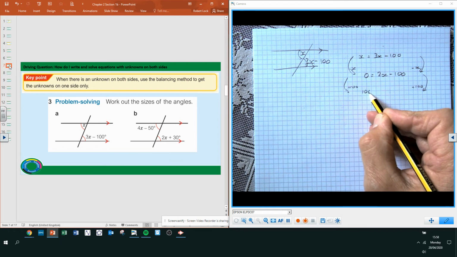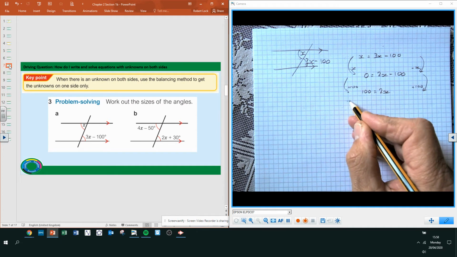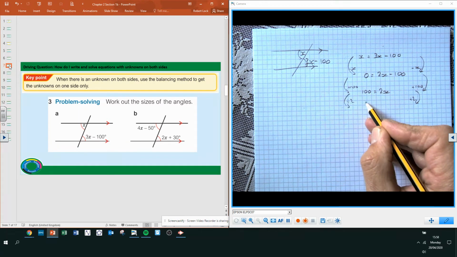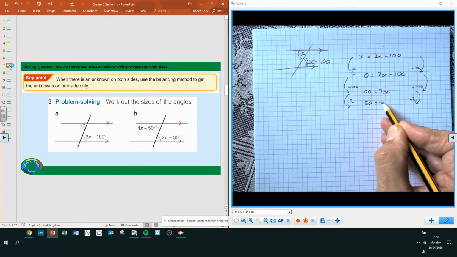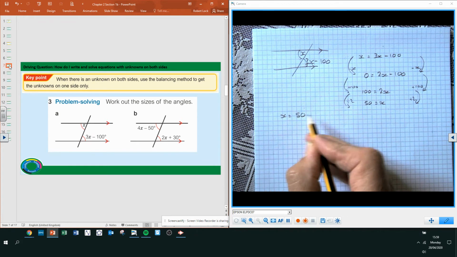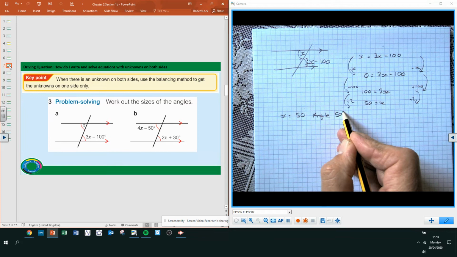And 100 equals 2x. Divide by 2 both sides. 100 divided by 2 is 50 equals x. So x equals 50. And the angle, well, it's 50 as well, 50 degrees.